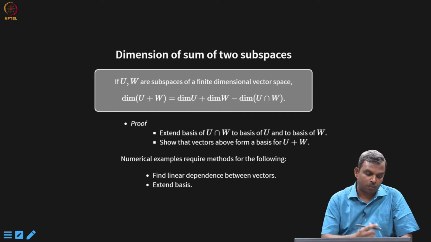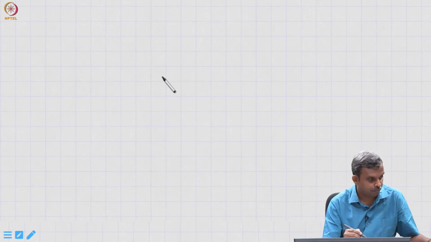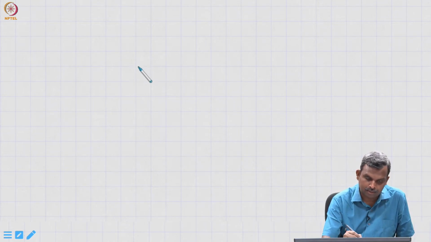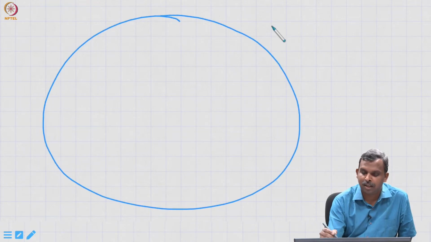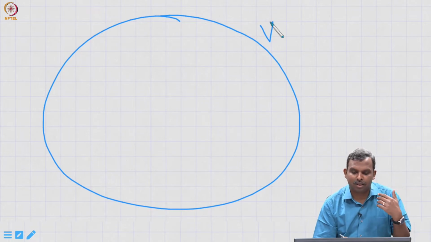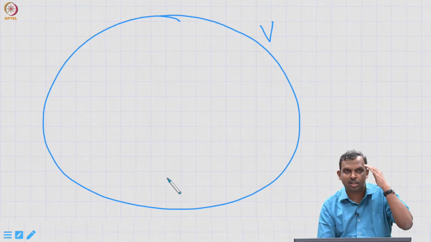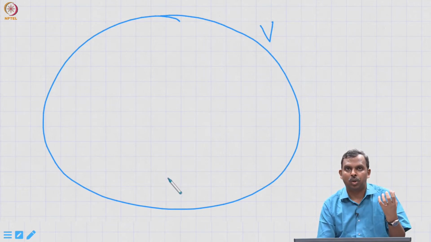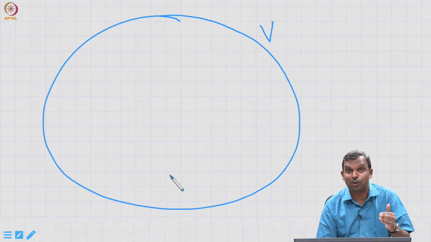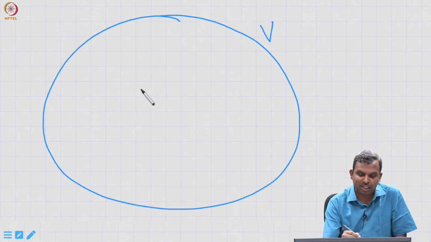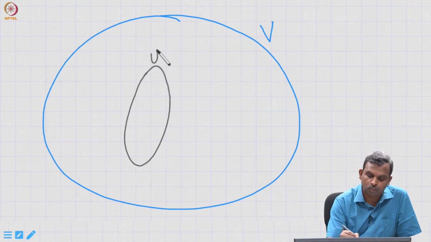So maybe if you want, we can do a picture here. The picture is interesting. I will just draw some sort of Venn diagram sort of picture. Let us say this is V. Quite often when you see a result in mathematics, even abstract mathematics, it's good to have a picture in your mind, okay. So what is the mental picture that you draw to understand or recollect this? For this subspace thing, maybe this is a good picture. You can have a different picture also. I am just pointing out one way of thinking about it. So let us say this is U, okay.